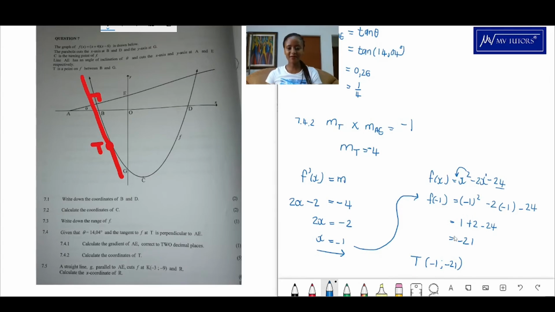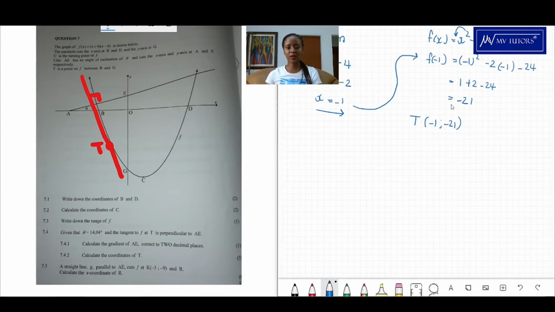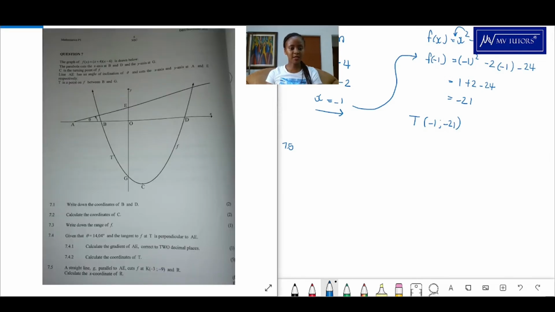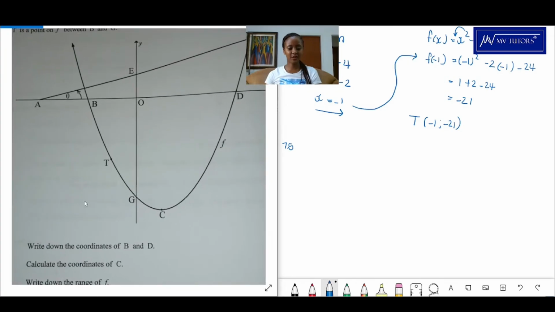Okay. So now we are going over to question 7.5. I'm just going to remove what we did there. We don't want to save it. It's all good. Plus we want to zoom in. Okay, there we go.